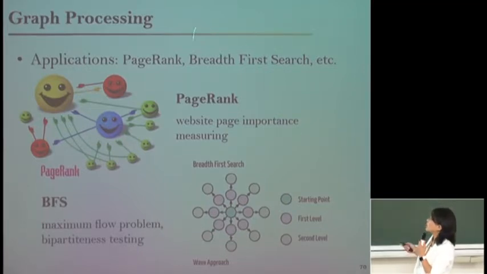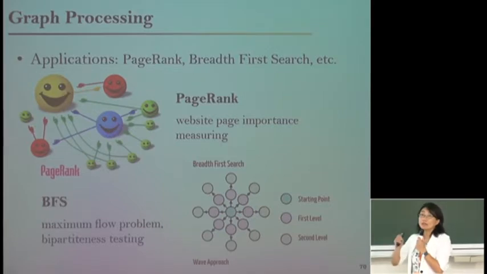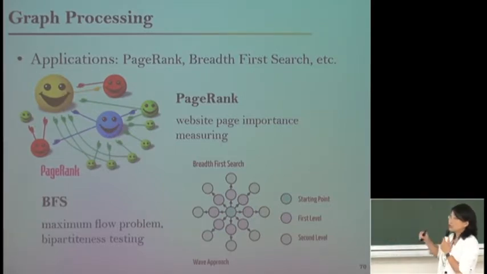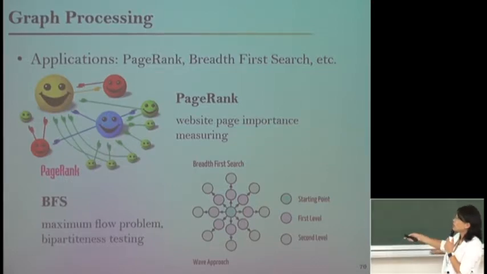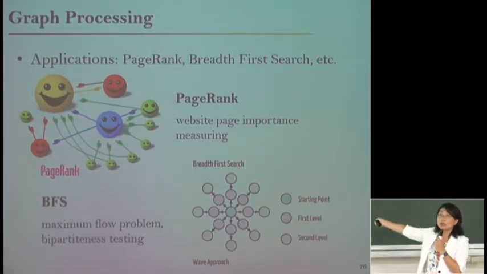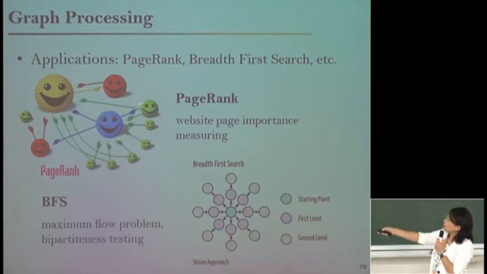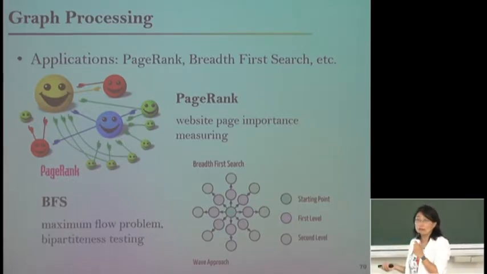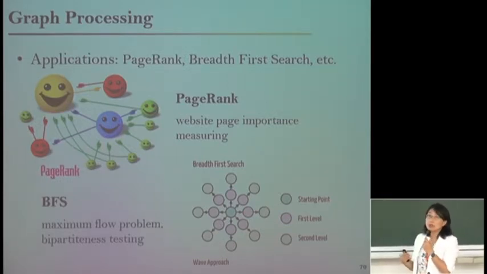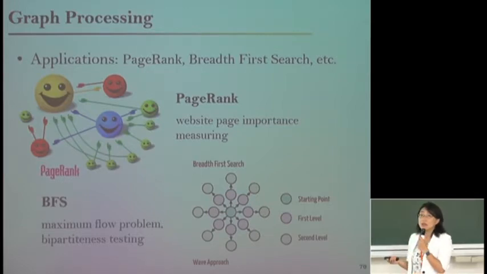For example, PageRank, which is a kind of web page search. When you click web pages, every click will generate a link, a pointer, and each link is associated with a numerical value. It essentially represents the importance or the relation, the probability from one click to another, right?